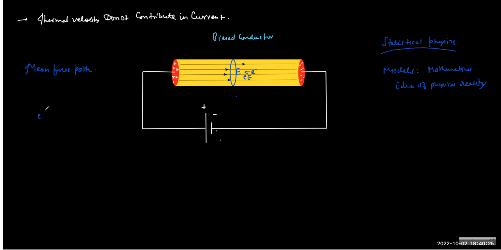So if we talk about a single electron, and if we look at the randomness, the way they move, they very much move in Brownian motion. So before they make a collision and turn, they move straight.